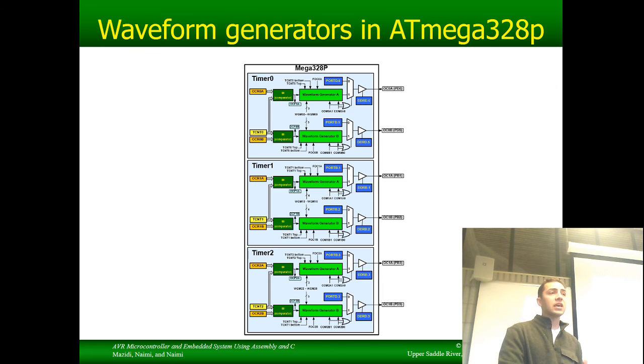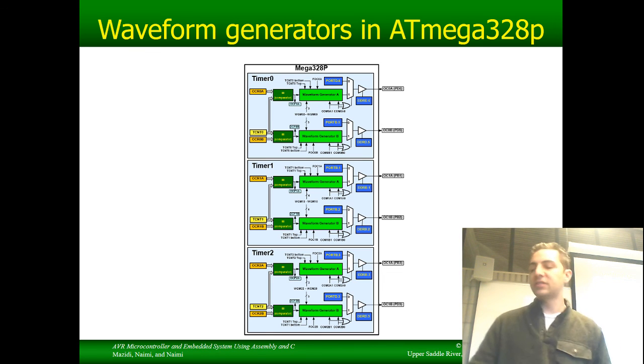So the CS bits in the timer stand for clock source. The WGM bits stand for waveform generation mode. The COM bits stand for compare output mode. If you're using the waveform generator, what mode are you in?